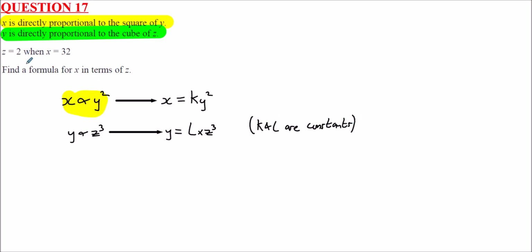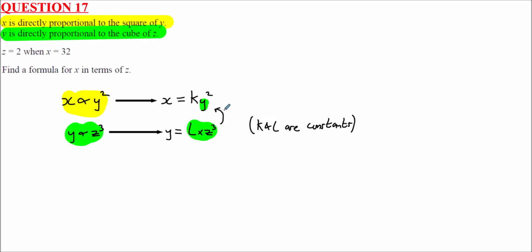Now, what we want here, though, is a formula for x in terms of z. We don't want to have y at all in this. So we could eliminate y and replace the letter y with what y is in terms of z. So from this one here, where y was directly proportional to the cube of z, we got this expression here, that y equaled L times z cubed. So what we can do is substitute this expression for y into the top equation.